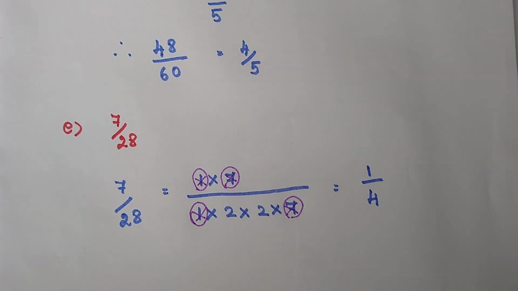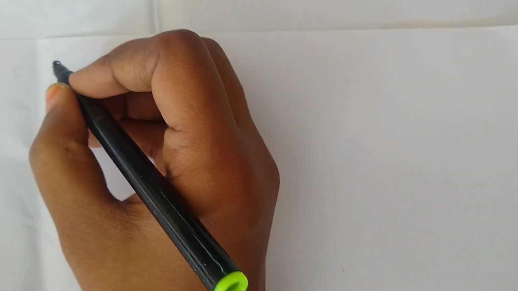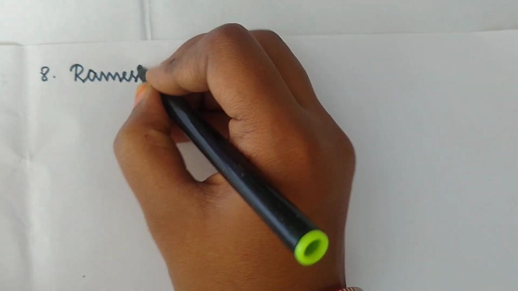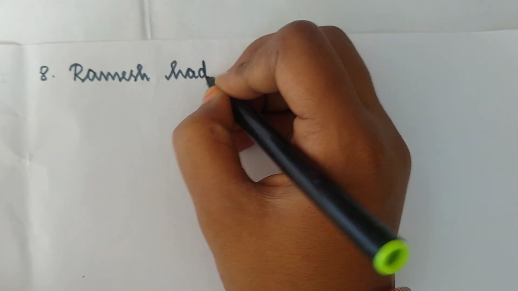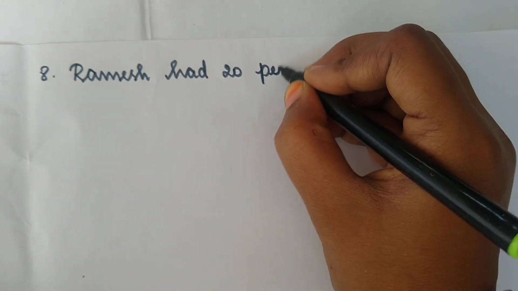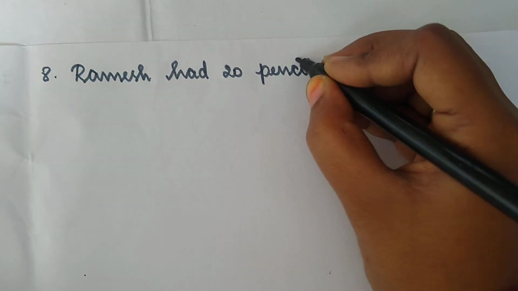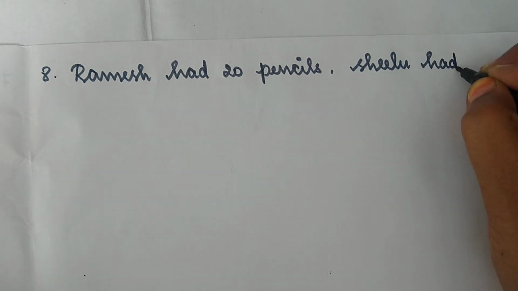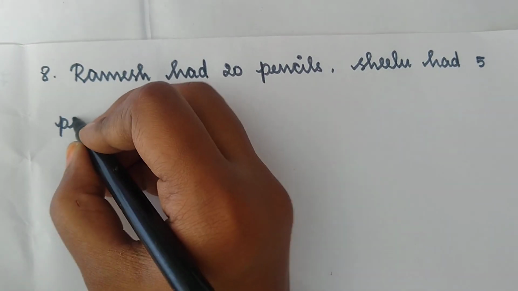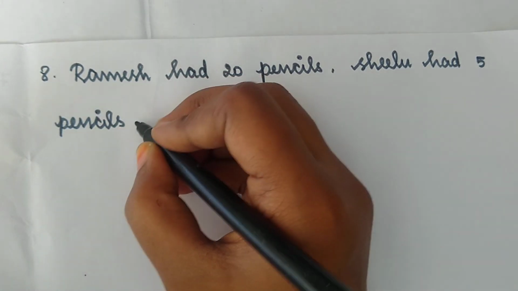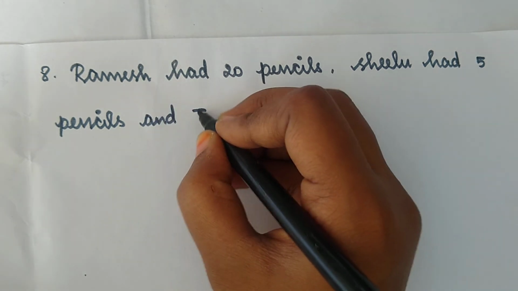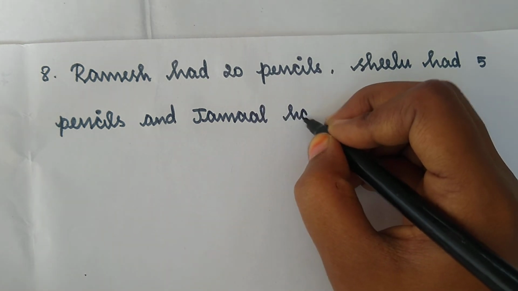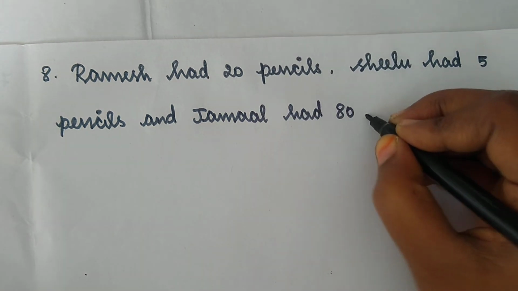Question number 8. Ramesh had 20 pencils. Sheelu had 50 pencils. And Jamal had 80 pencils.